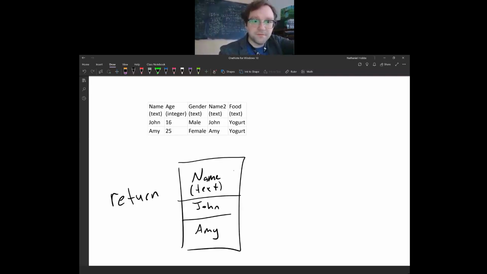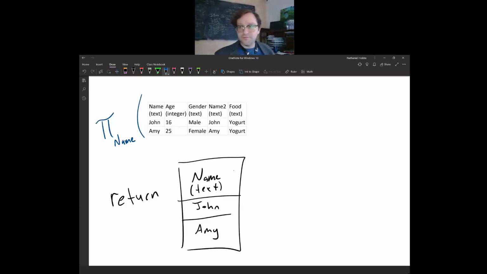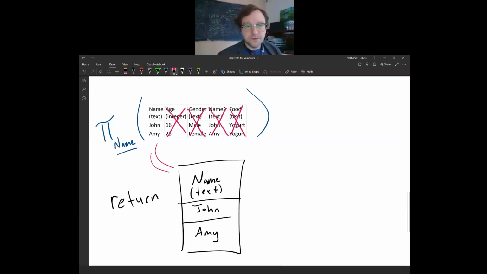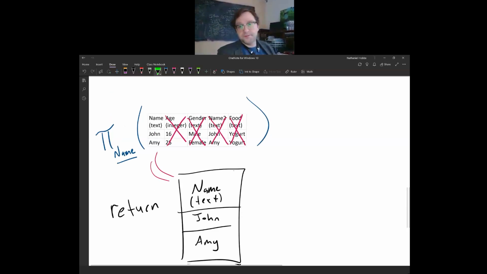So here, if you project and say I want to keep the name column, here you put all of the columns that you want to keep. What that will do is eliminate that column, this column, and that column. And so the result is this single relation with just a name column, and that's it.